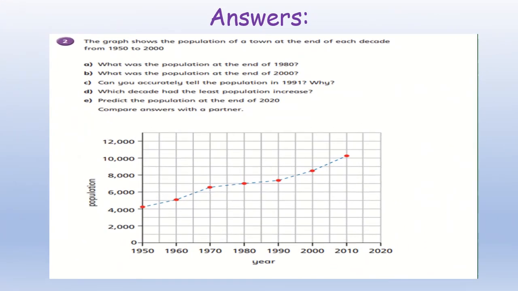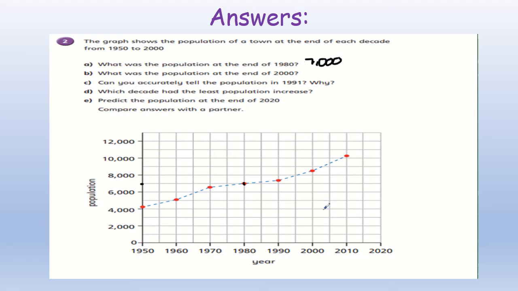Now let's answer questions from this population graph. A. What was the population at the end of 1980? So we need to find 1980, go up to the plotted point, and it tells us it's exactly halfway between 6,000 and 8,000. So that must be 7,000.